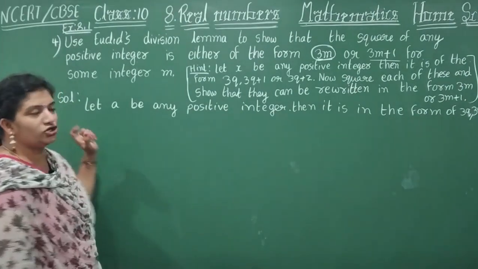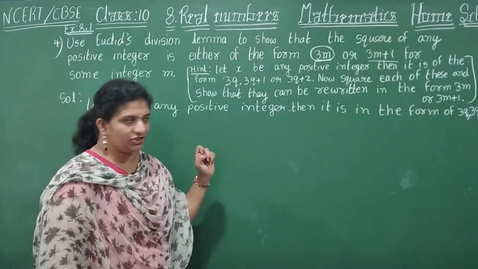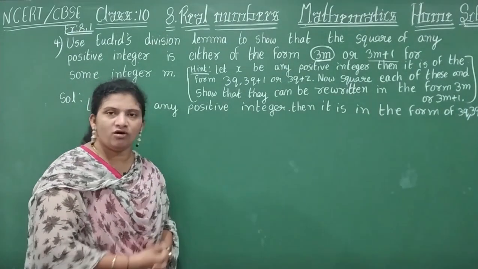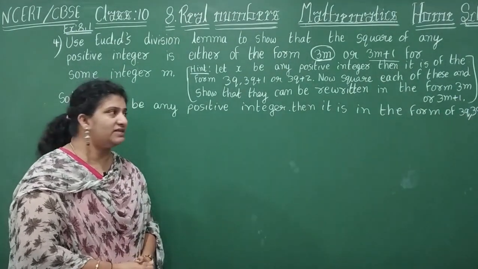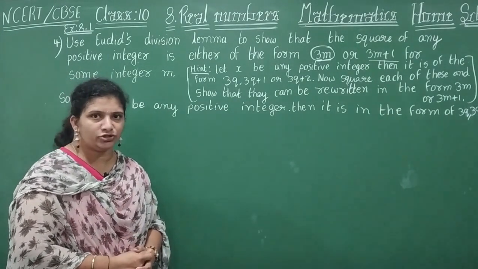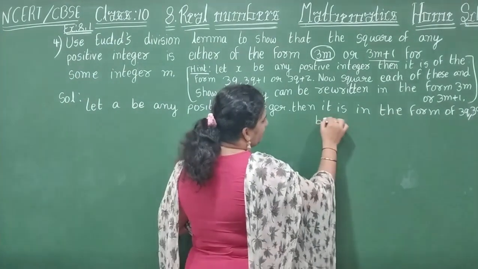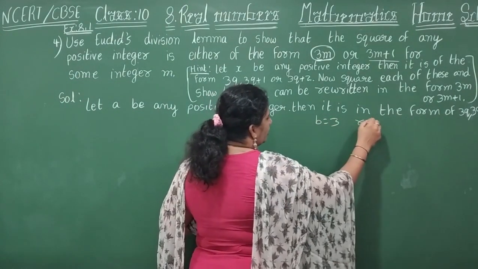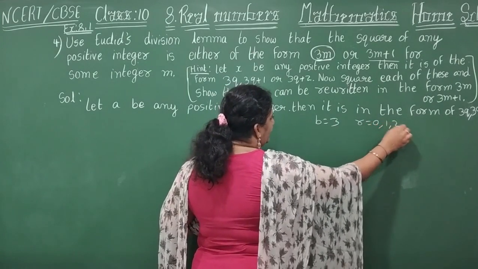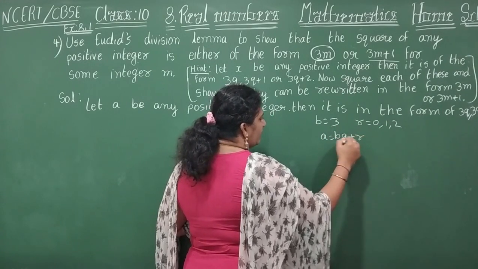So let's start our solution here, children. Let a be any positive integer. Then it is in the form of 3q, 3q plus 1, 3q plus 2. How I have taken 3q, understood, no, children? Forget about m. So imagine here, if b is equal to 3, what are all the remainders? 0, 1, 2. Then substitute in Euclid's division lemma, that is a is equal to bq plus r.